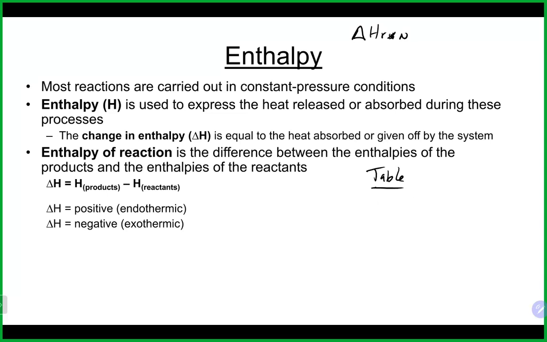The table will have what is sometimes referred to as a delta H of f, which is a delta H of formation, is what the f stands for. And you'll find listed in there all elements, compounds, molecules, whatever it may be. Everything will be listed in there with a value. Now, what you'll see is, in general, if you have a delta H value for anything that is in its natural state, anything that's an element, anything that is uncombined with any other element, they typically will have values of 0.